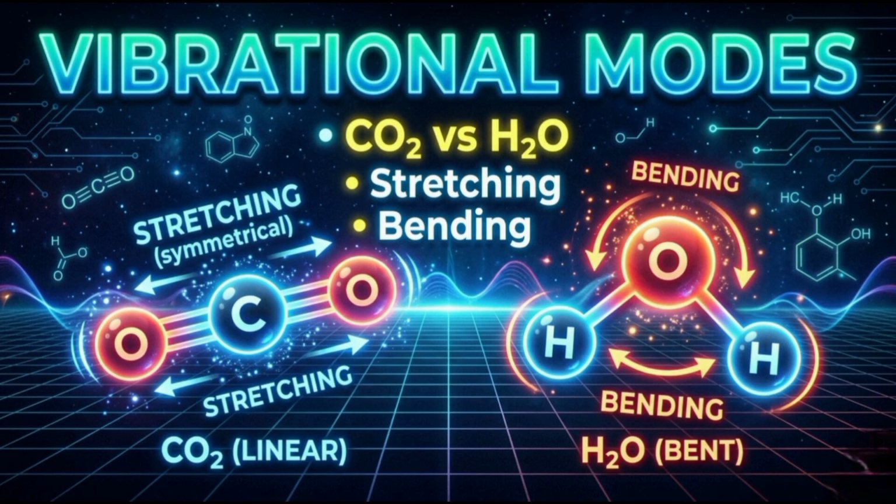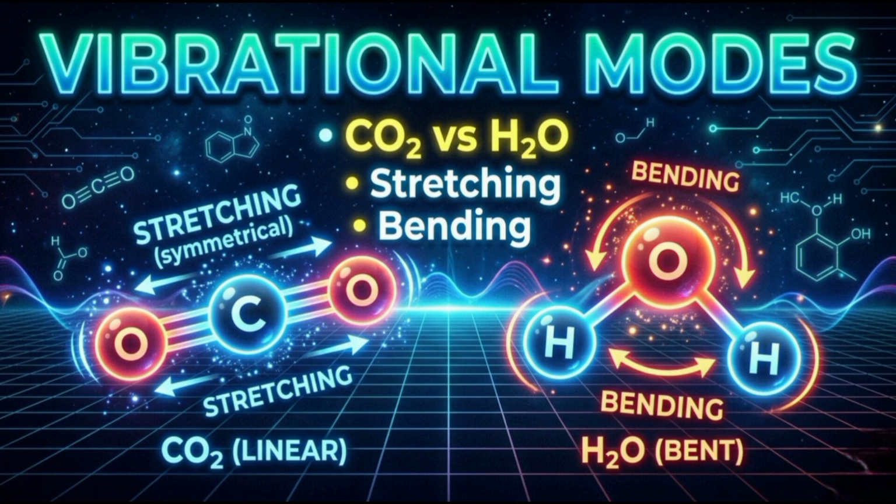Explain the vibrational modes of CO2 and H2O. Vibrational spectroscopy is based on the absorption of infrared radiation, which causes molecules to vibrate. For a non-linear molecule like H2O, the number of vibrational modes is given by 3n-6, resulting in 3 modes: symmetric stretching, asymmetric stretching, and bending.